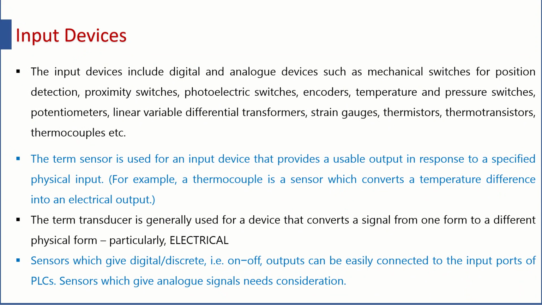They do not develop some non-standard output sensor which you cannot easily connect to the standard controllers of the industry. Therefore, the connection of on-off types of sensors is normally very easy. However, the sensors which give analog signals need further and serious consideration.